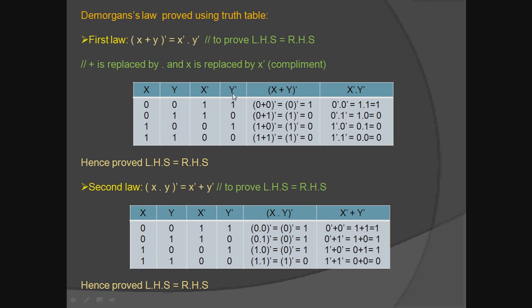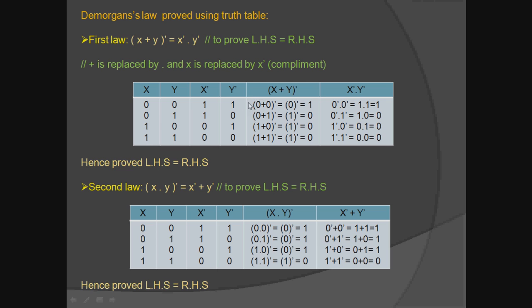In here the y complement is 0 becomes 1, 1 becomes 0, 0 becomes 1, and 1 becomes 0. So that is the complement, that is the inverted form.